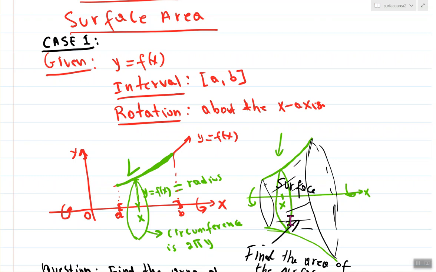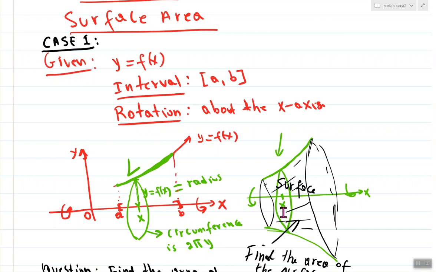We're talking about the surface of this object. And this object is generated by the rotation of this curve about the x-axis.